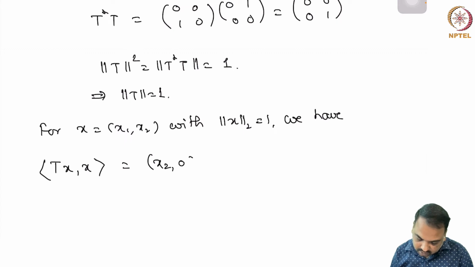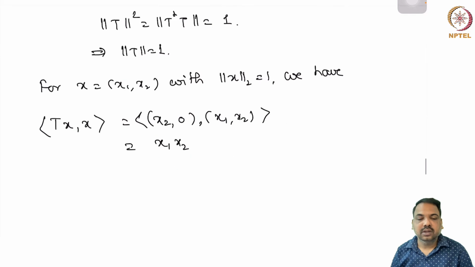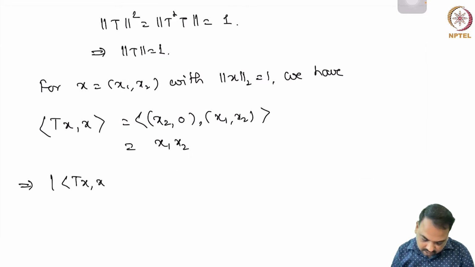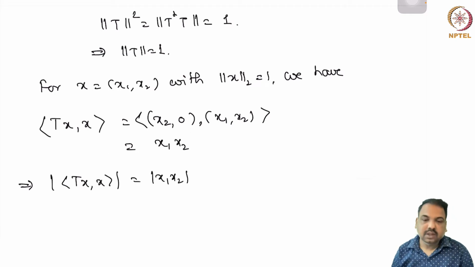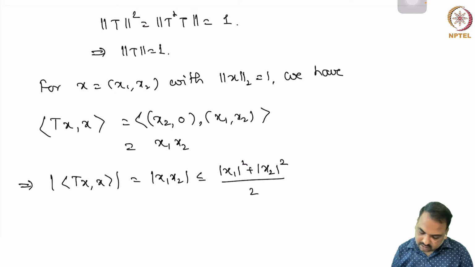So (x2, 0) with inner product with (x1, x2) is nothing but x2 times x1 conjugate. So from this we can say that the modulus of the inner product of Tx with x is nothing but the modulus of x1 x2, and this is less than or equal to (mod x1 squared plus mod x2 squared) by 2. We know that norm of x is 1, so that means this is 1 by 2.